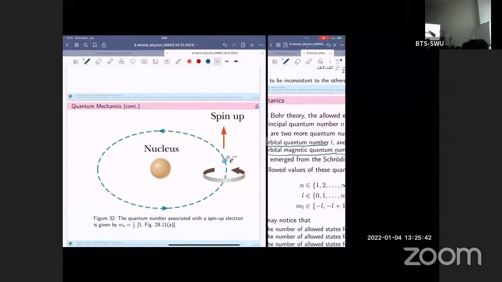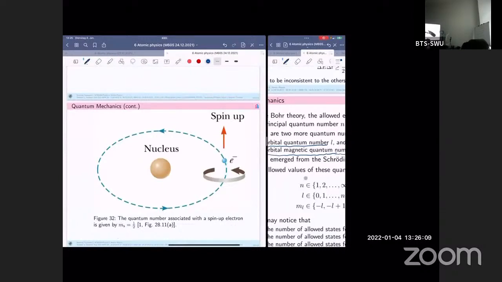If the electron is rotating around itself in this direction, according to the right-hand rule, we will have the thumb pointing up, and in this manner, the physicists call it spin up. Spin up corresponds to the value of ms equal to 1/2.